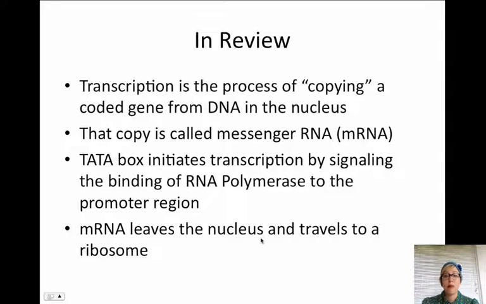So this is our photocopy of the blueprints that we need to make those Legos, right? And in order for this to start, we need a ta-ta box. DNA shakes its ta-ta, and that initiates the transcription by signaling the binding of RNA polymerase to the promoter region. And the mRNA leaves the nucleus and travels to a ribosome. So in a nutshell, that is transcription.